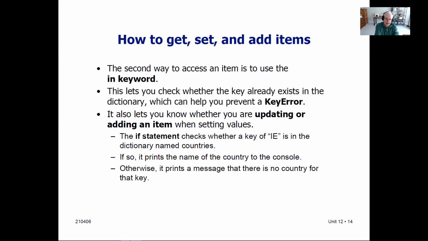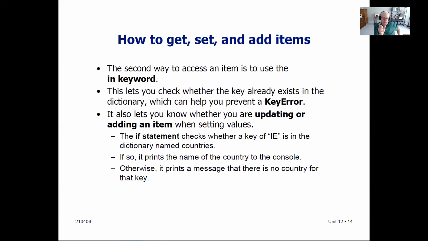Now, the second way that we can access, and this is very important for our validation, for lack of a better term, our check to see if keys exist, is the in keyword. Okay, just like we have used in other situations, we can actually open the dictionary, look inside, and see if a key exists with one simple little if statement using the in keyword. Man, that is so easy.